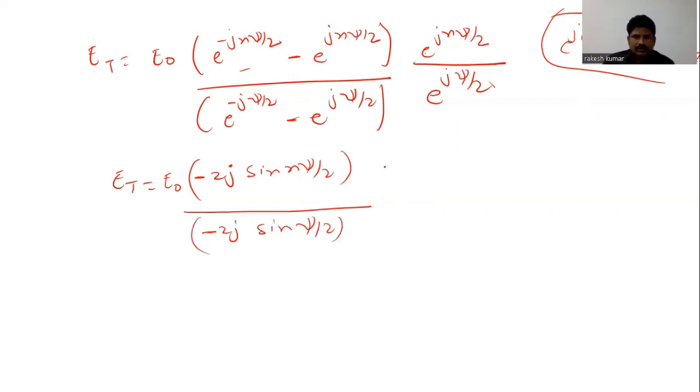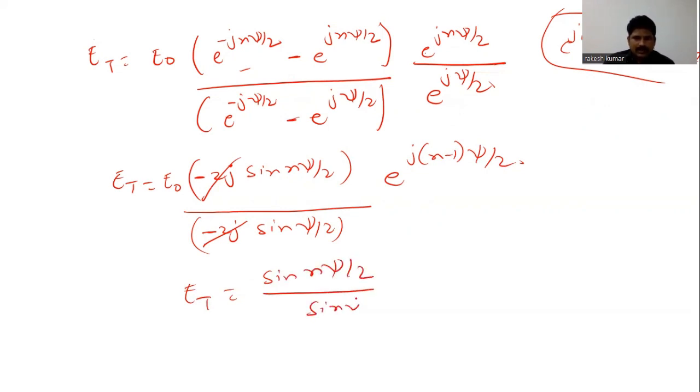Okay, into, if I bring this numerator, it becomes e to the power of j n minus 1 psi by 2. This one will get cancelled. Therefore, Et is equal to sine n psi by 2 by sine psi by 2 into e to the power of j n minus 1 psi by 2. A very, very important derivation.